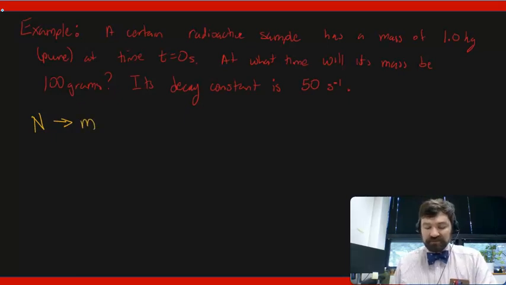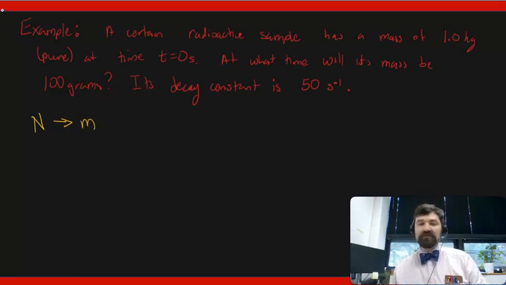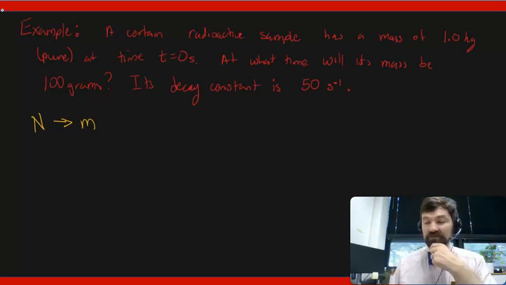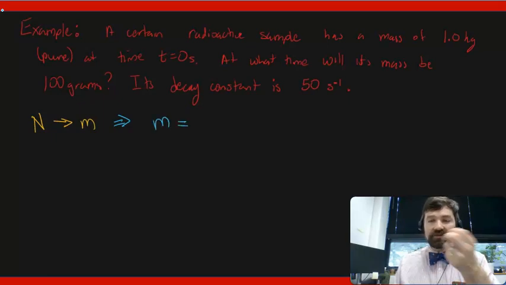And the molar mass is some fixed constant. Well, okay, the molar mass and Avogadro's number, those are both fixed constants for a given sample. So the equation for the mass should follow the same basic equation as for the number present.